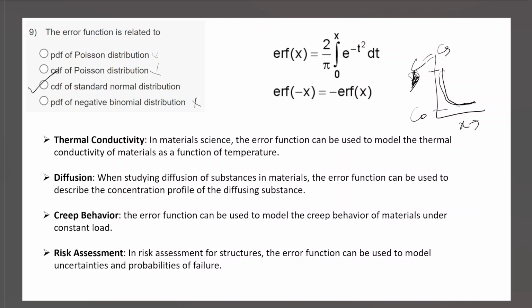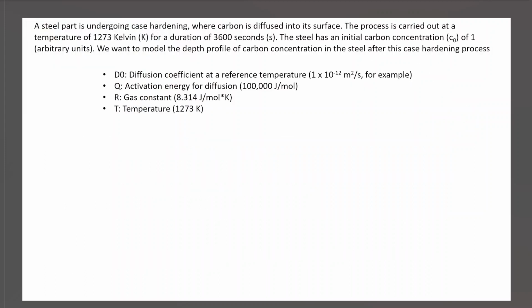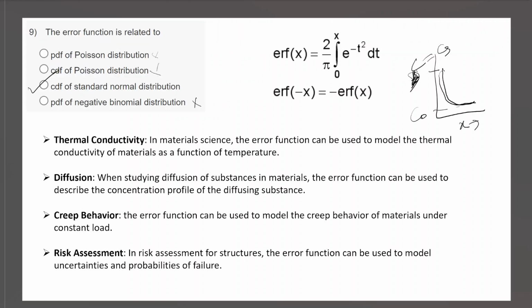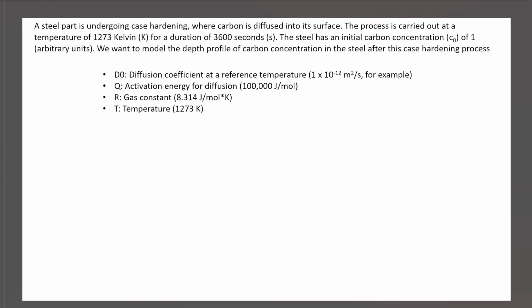In risk assessment, the error function is used to model uncertainties and probabilities of failure. So all these areas use it. I'll take one popular example and leave it to you to solve using the error function.